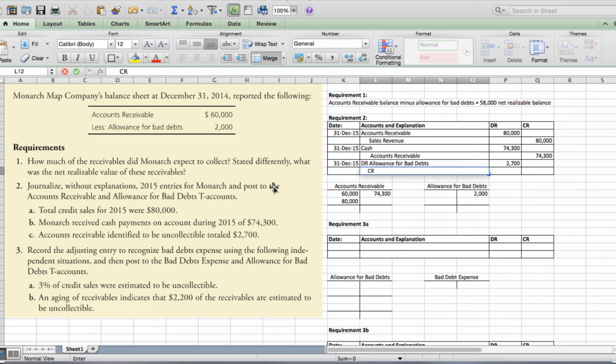And I'm going to credit accounts receivable for that amount. Okay, so what I've basically done is I've said $2,700 worth of the accounts that still remain in the accounts receivable account, we don't expect to collect anymore. Okay, so I need to reduce this account by $2,700, which is what the credit side of that entry did.